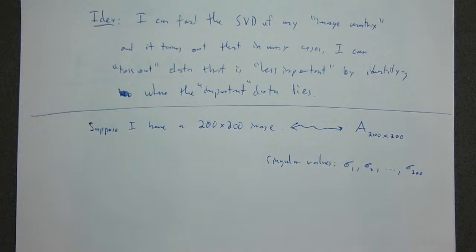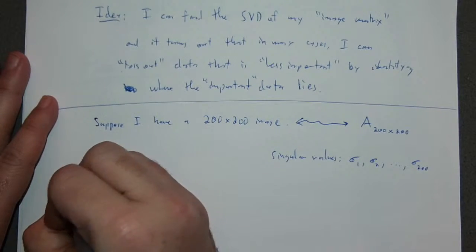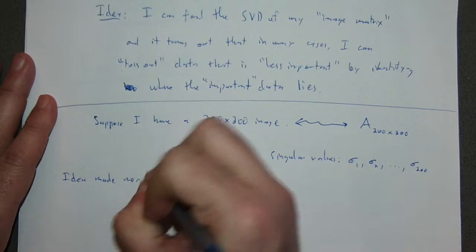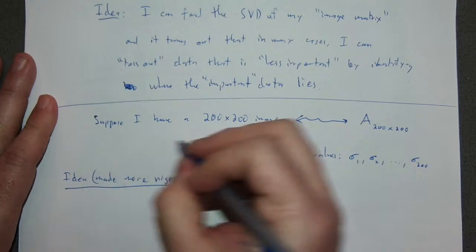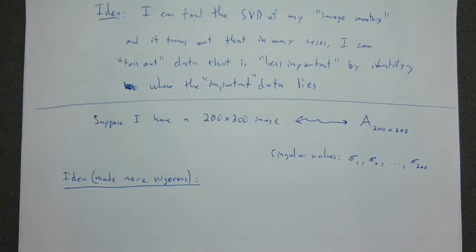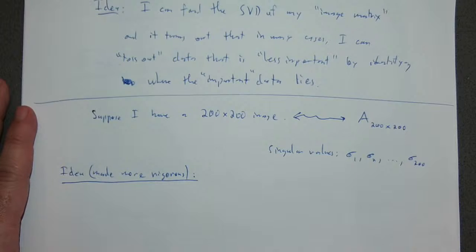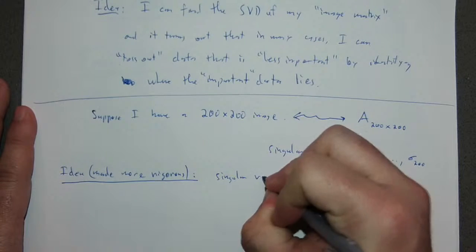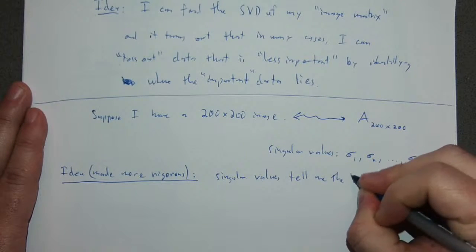Now, if I make this idea a little bit more rigorous, this is just the idea from above, but I'm actually putting some precise words here. The idea is that these singular values tell me the most important directions.